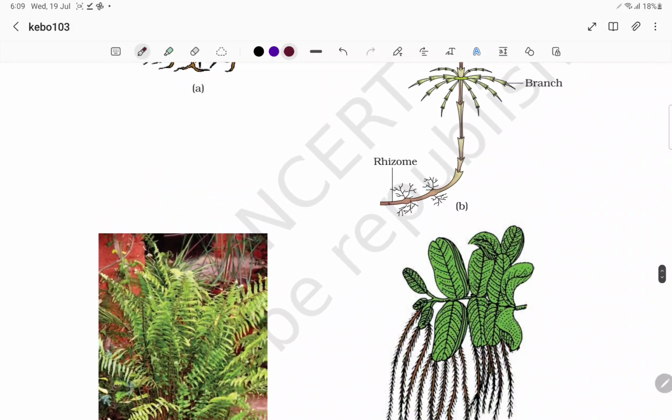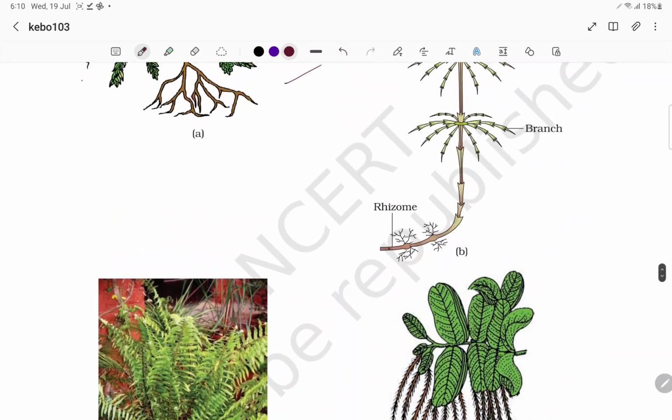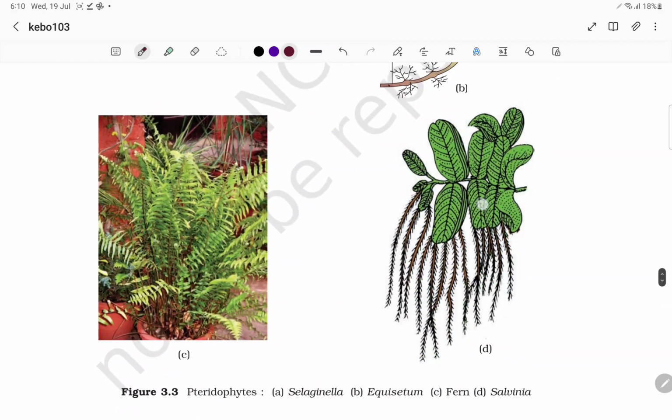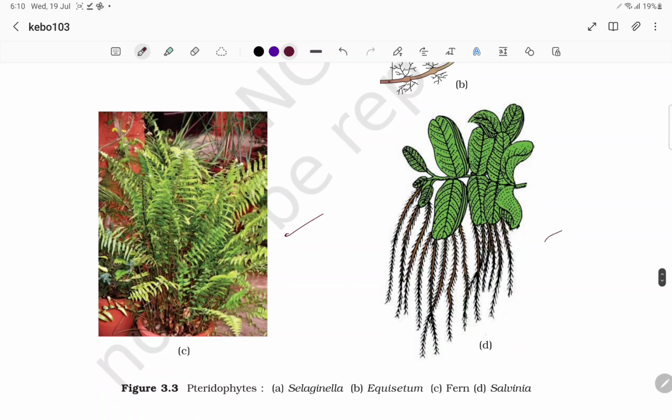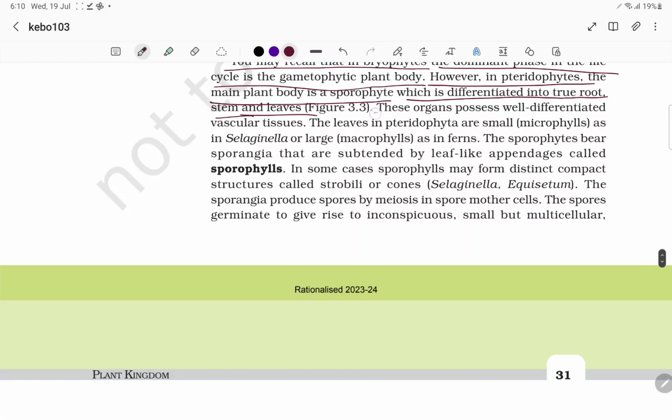What we are seeing here: this is Selaginella, this is Equisetum, this is a fern and this is Salvinia. These organs possess well differentiated vascular tissue. The leaves in pteridophytes are small, which we call microphyllous, as in Selaginella.